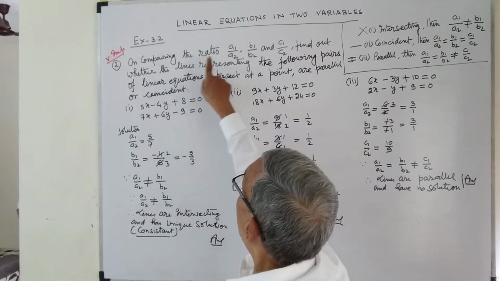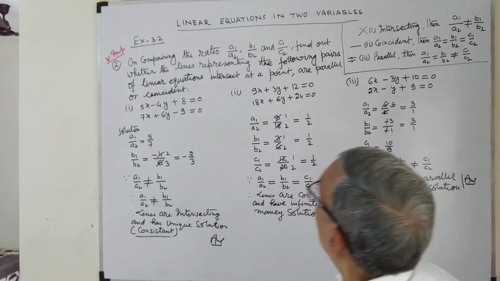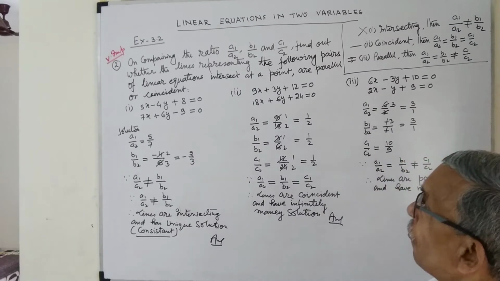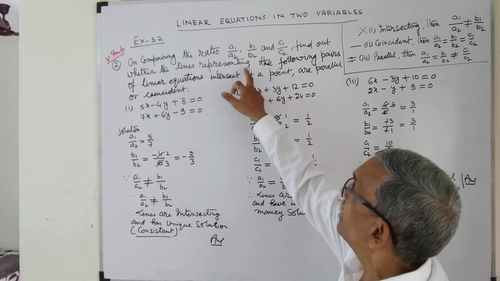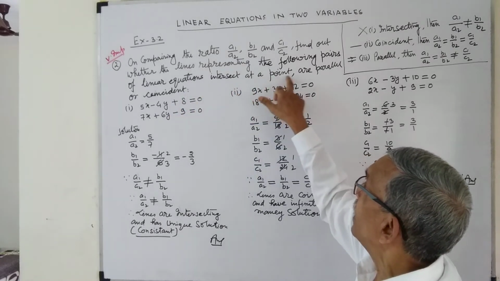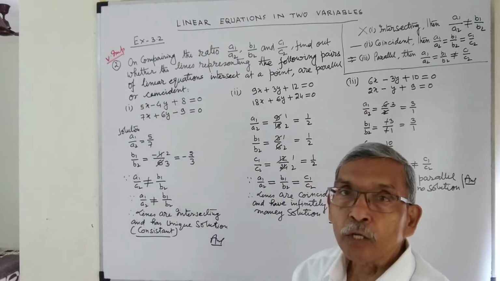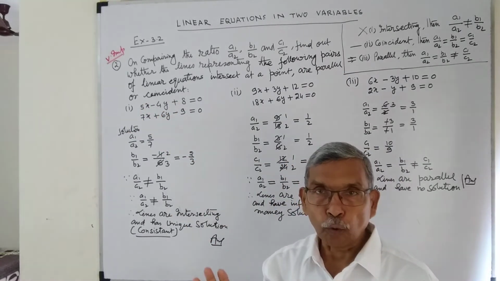On comparing the ratios A1 upon A2, B1 upon B2 and C1 upon C2, find out whether the lines representing the following pairs of linear equations intersect at a point, are parallel or coincident. So this is the question.